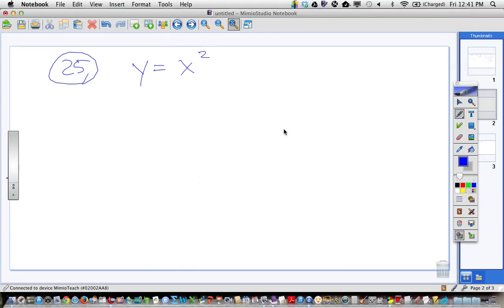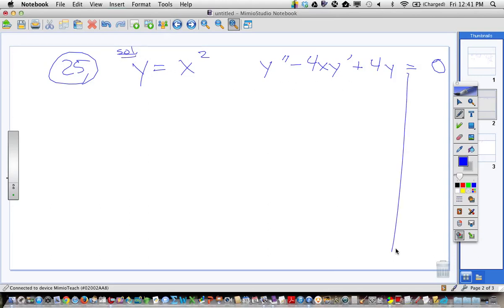x squared. Okay. Is y equals x squared a solution of the differential equation y double prime minus 4xy prime plus 4y? So is this a solution of that?